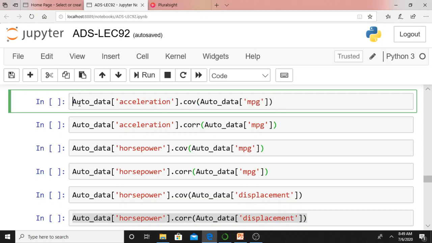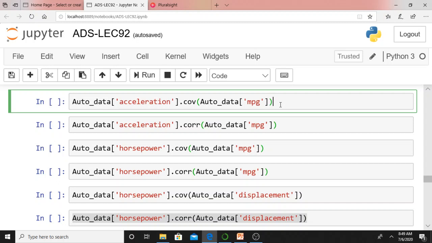This is my data frame name, which I already created in my previous lecture. Acceleration is a column name in that data frame. cov is a function which is useful for finding covariance. mpg, miles per gallon. Now we are calculating covariance between acceleration and miles per gallon using the cov function.